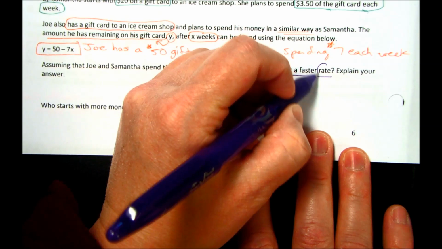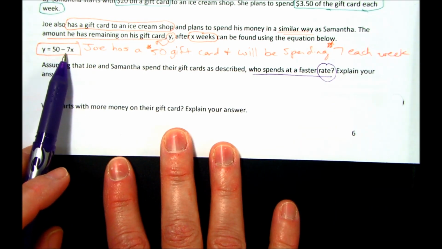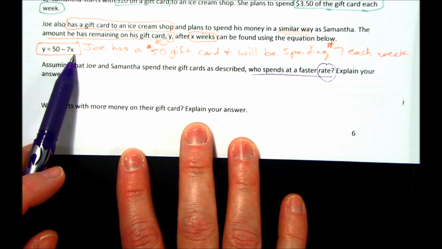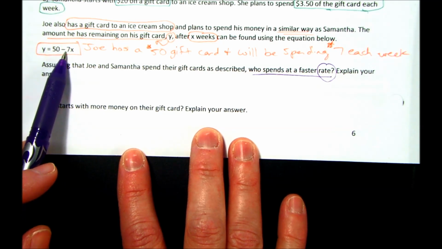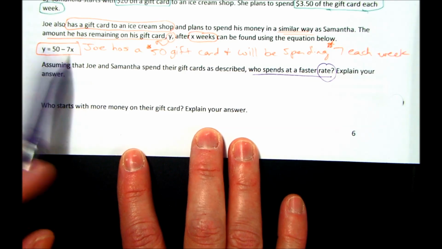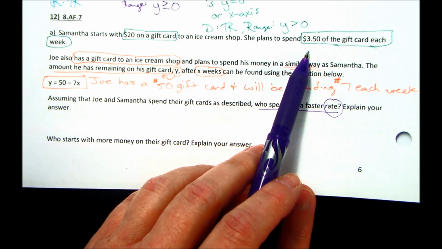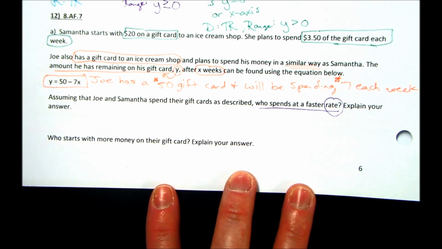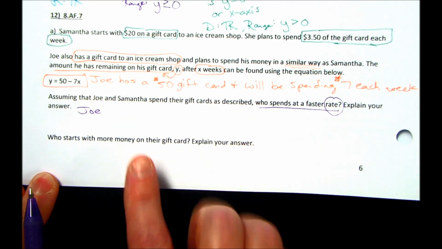So the rate is basically our slope. The slope is always with your input variable, so the -7 is our slope in this case, or your rate. So he's spending $7 per week, and looking at Samantha's information, she's only spending $3.50 each week. So Joe, and then it's asking us to explain the answer.